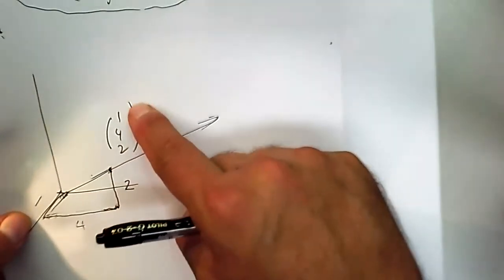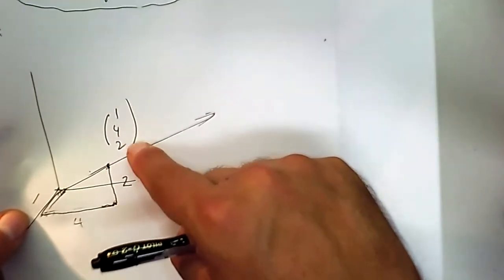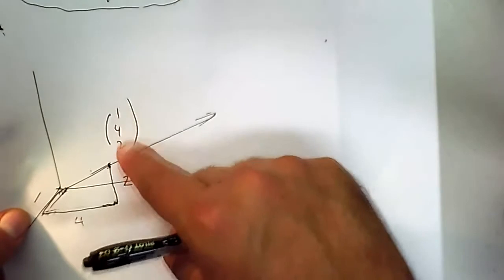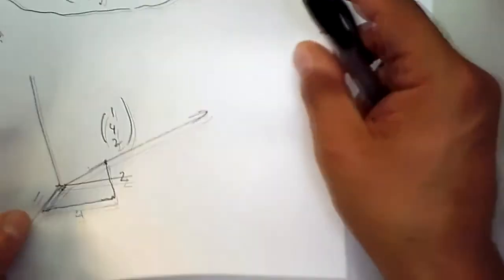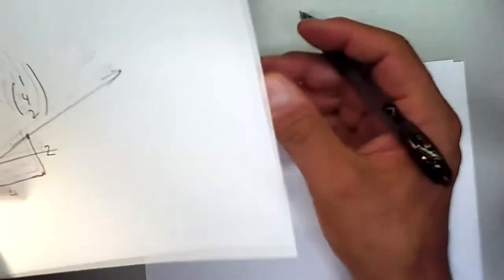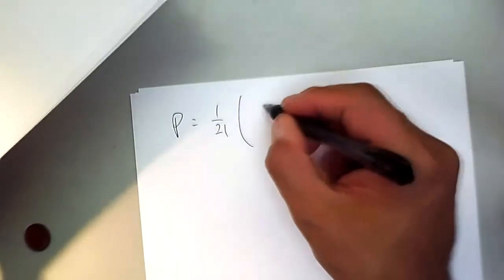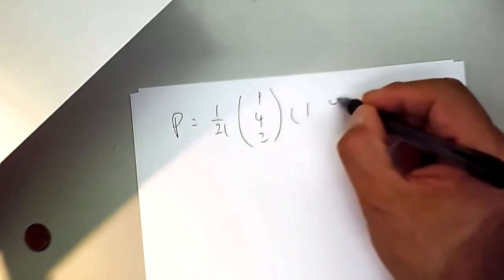Let me double check. 1 and 16 is 17, and 4, 21. Yep. But then we're going to do the inverse of that, 1 over 21. So P is going to be 1 over 21 times 1, 4, 2 vertically and 1, 4, 2 horizontally.